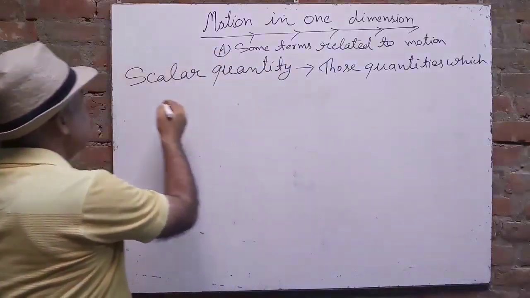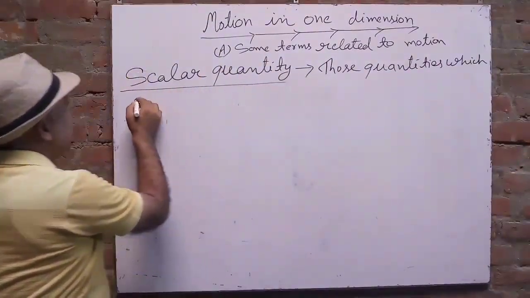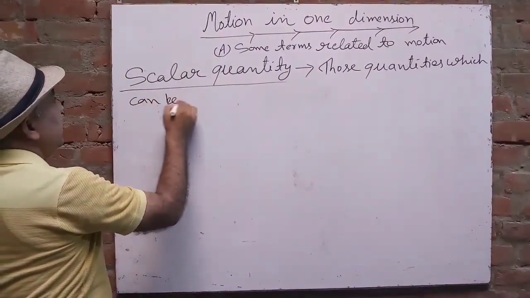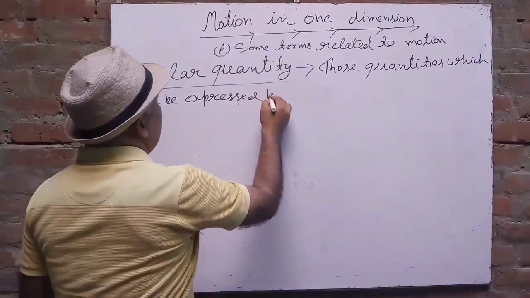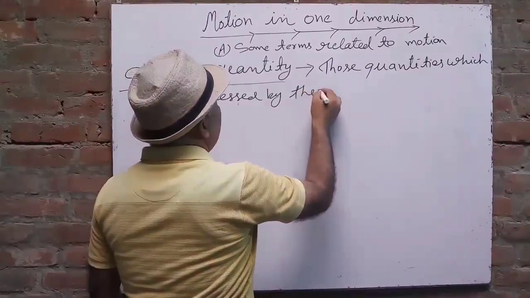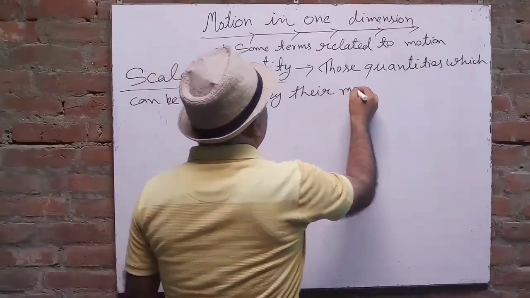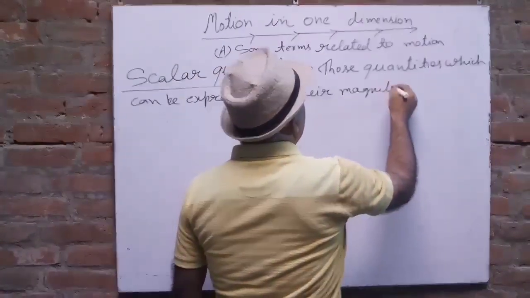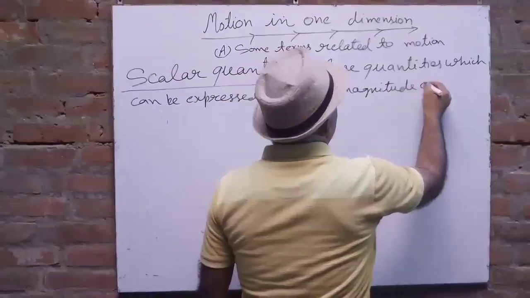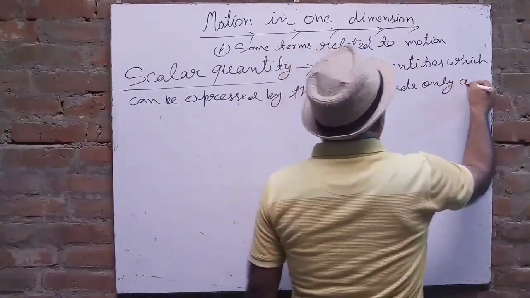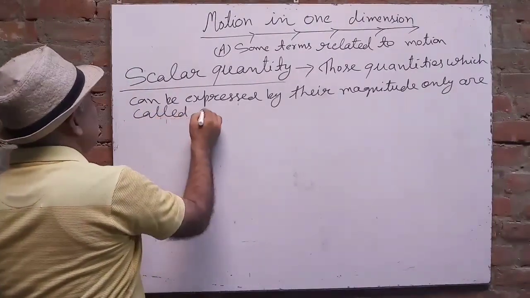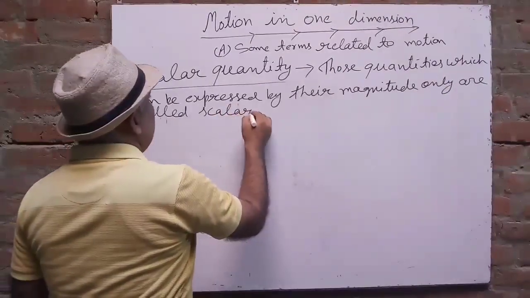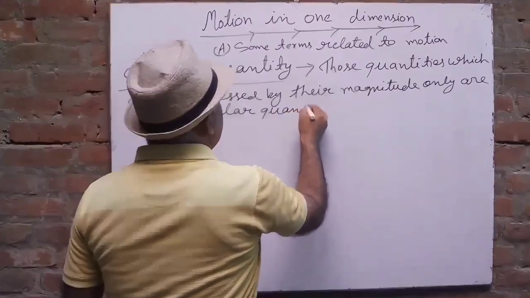Those quantities which can be expressed by their magnitude only are called scalar quantities.